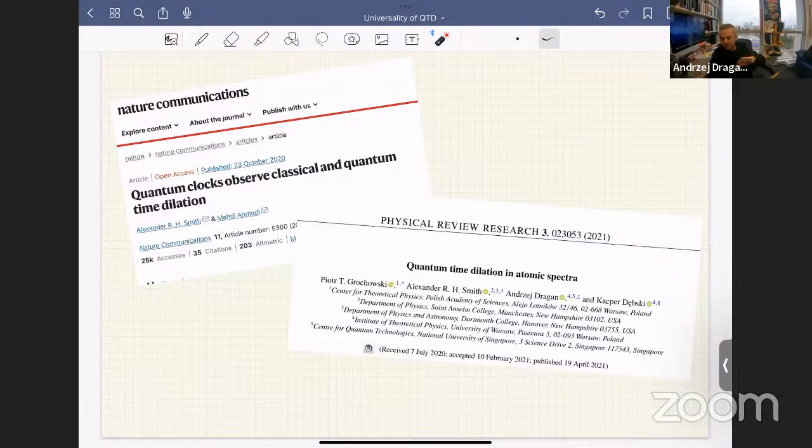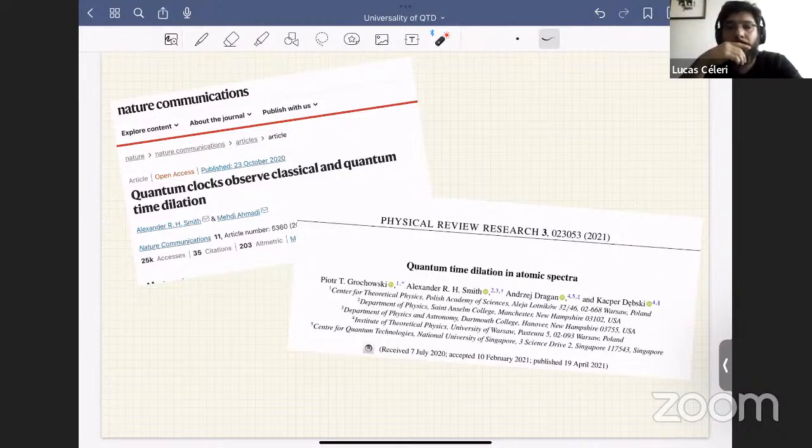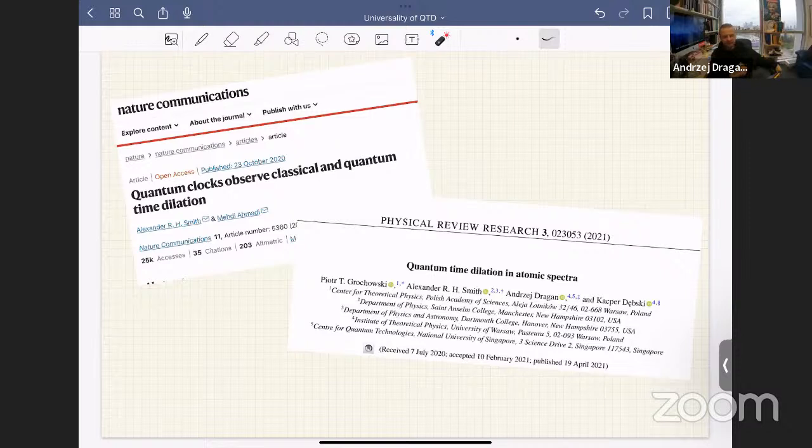Take an atom, an excited atom, make it move and measure the frequency of the light that is emitted. And we have computed exactly how the spectra are affected by the initial state of motion. And in fact, Alex, who is one of the proponents of this idea, spends a lot of time talking to experimentalists and trying to convince them to look at experiments.